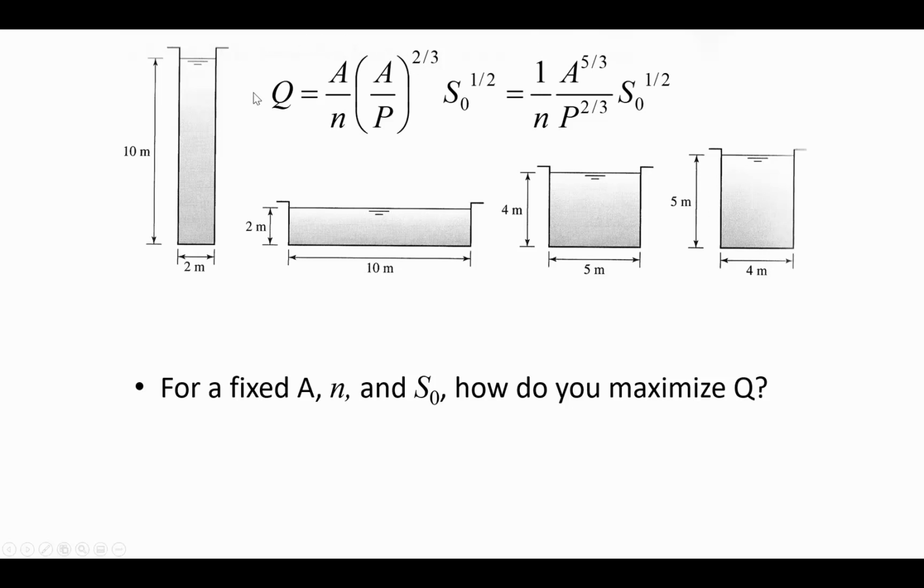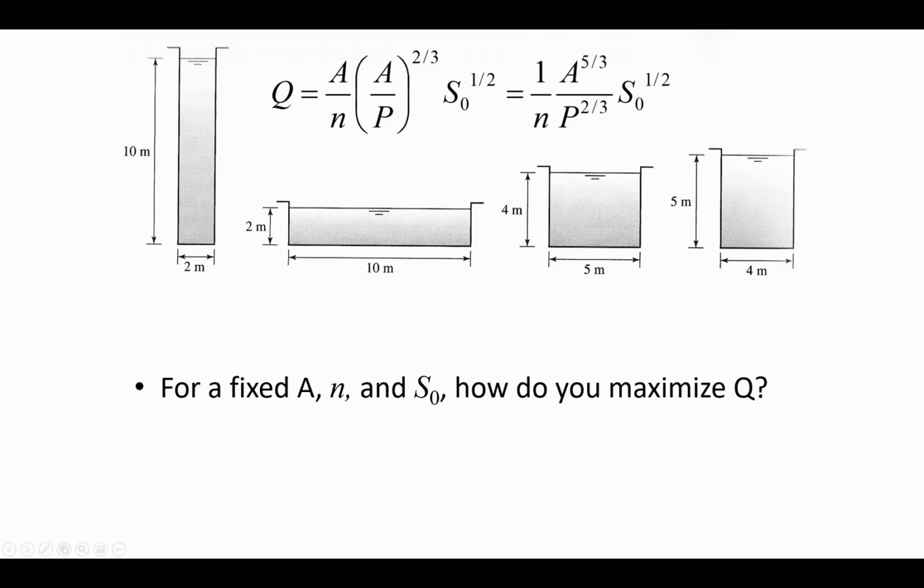So think about, in this equation, if slope is a constant, N is a constant, and area is a constant, how do you get the biggest Q possible? Well, the only other variable that we haven't talked about yet is P. And so the way that you'd get a big flow rate is by minimizing perimeter. Smallest perimeter. That's right, Gavin.